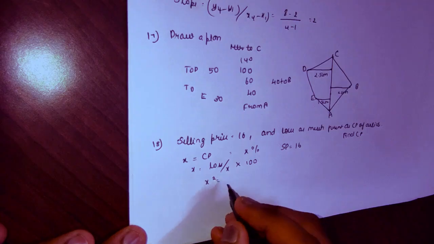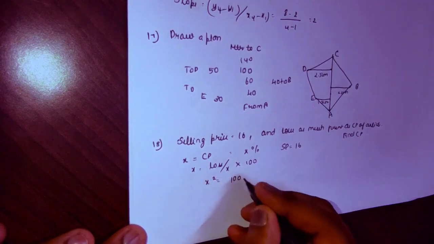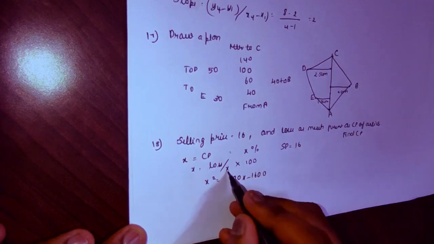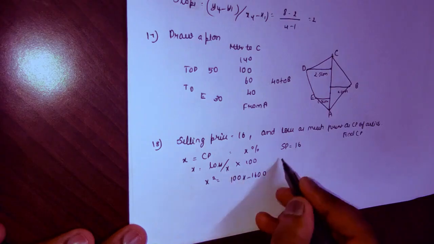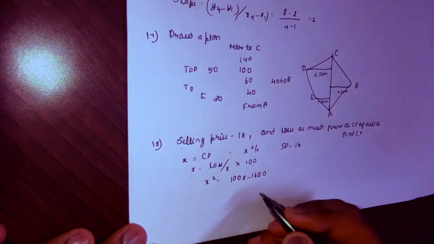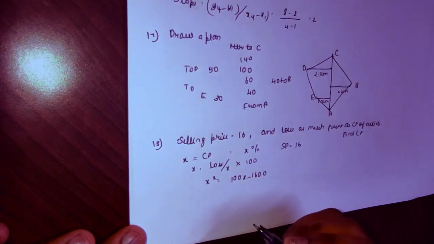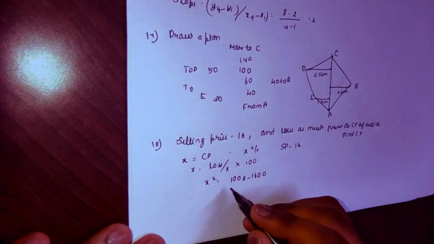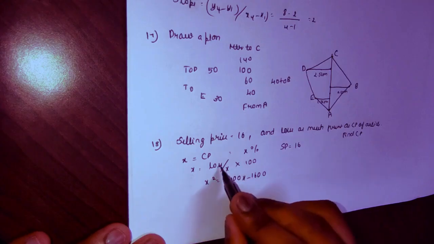So we'll get x square is equal to 100x minus 1600. Substitute the value of loss: loss is nothing but x minus 16.